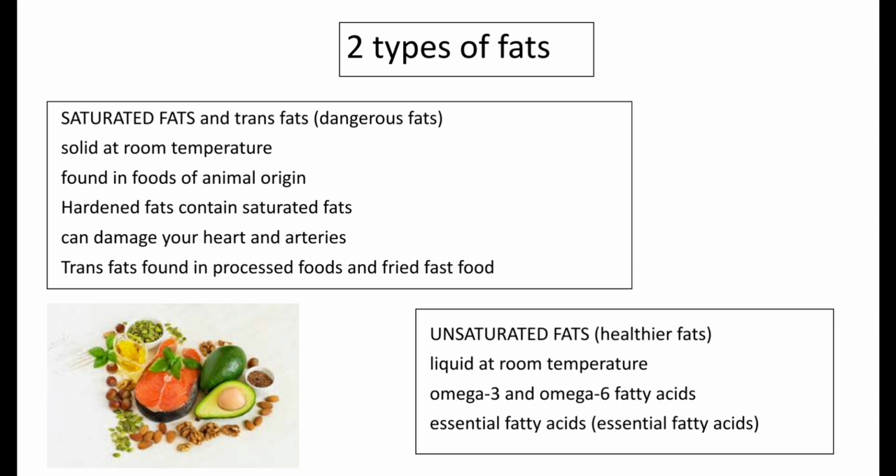Then the unsaturated fat, or the healthier one, is usually liquid at room temperature, such as olive oil and fish oil. These unsaturated fats are called good fat. Good fats themselves can be subdivided into monounsaturated fat and polyunsaturated fat.